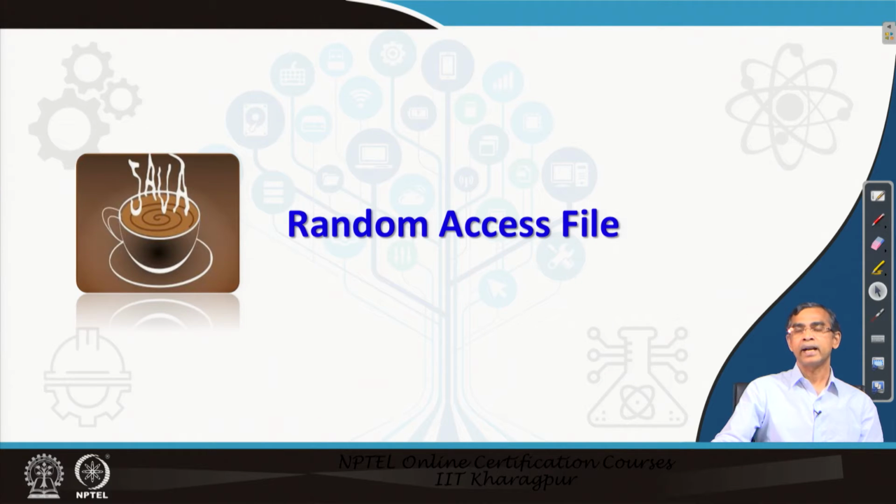So, what exactly is a random access file? As the name implies, a random access file allows you to write anywhere in the file and read from anywhere in the file. This is in contrast to the sequential access file, where you read sequentially one after another.